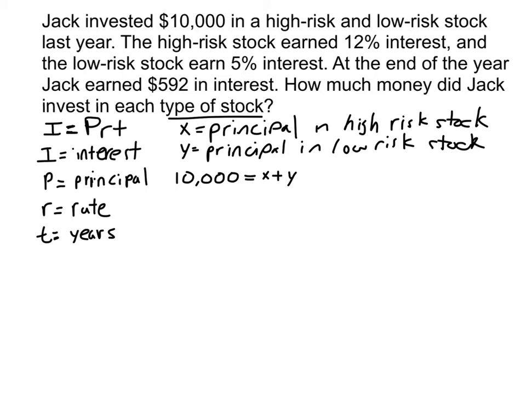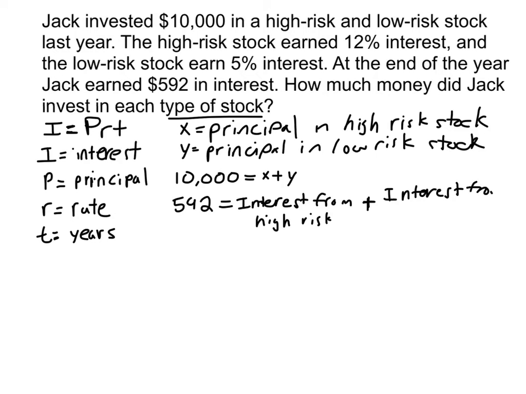So $592 would be the interest that he earns in the high risk plus the interest from the low risk. If you were to add up both these things, you should get the total amount of interest that he earned, which is $592.